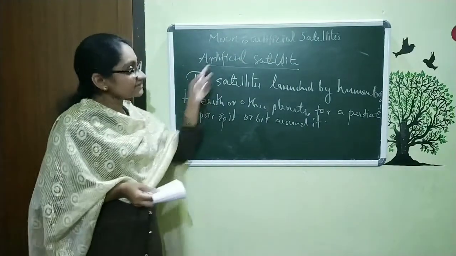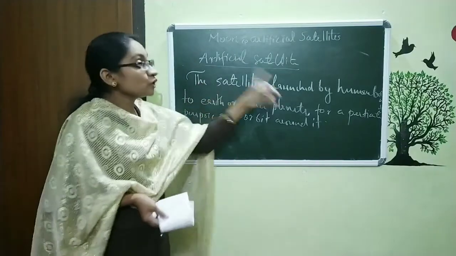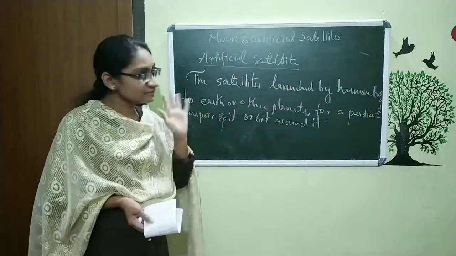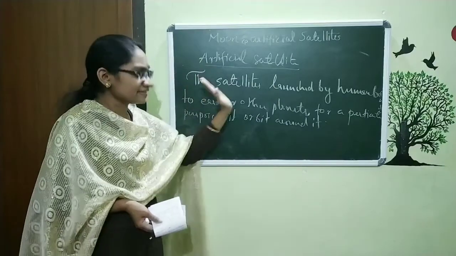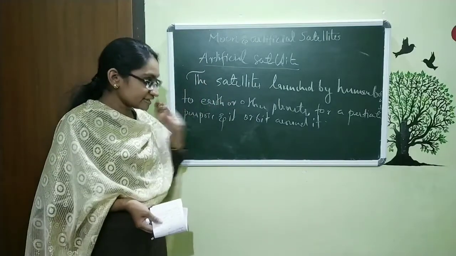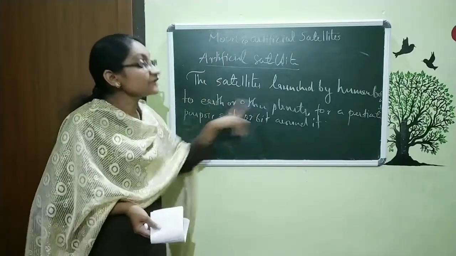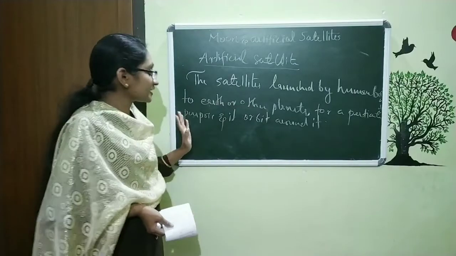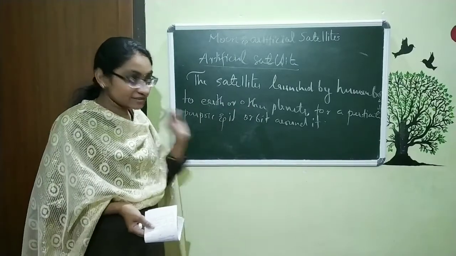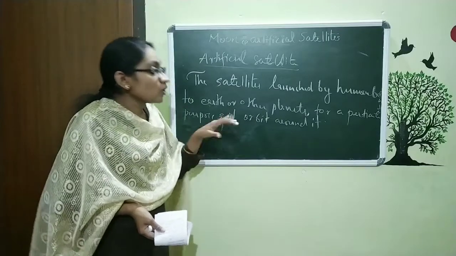Artificial satellites are a type of satellite, launched by human beings. Launched means they sent these satellites to Earth or other planets for a particular purpose. We are sending them because of a proper reason, and they orbit around it.